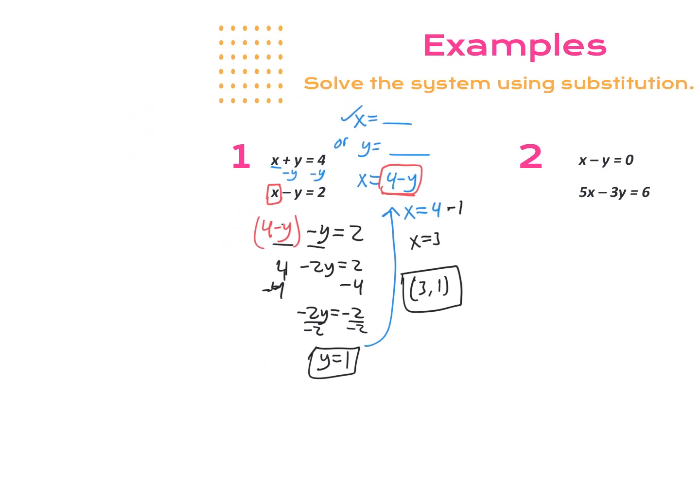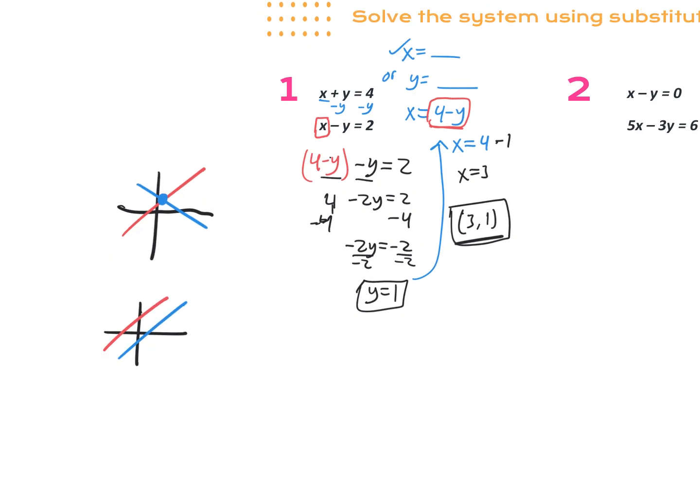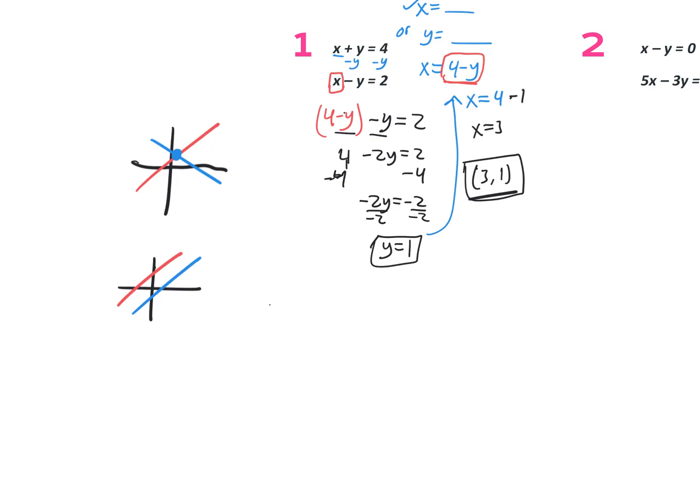In a system of equations, you're always going to have two lines, whether you graph the lines or not, they do exist as lines. Sometimes you get two lines that intersect, which is one solution. In this case, we had one solution. Sometimes you get two lines that never touch, so two lines that are parallel, that gets you no solution.